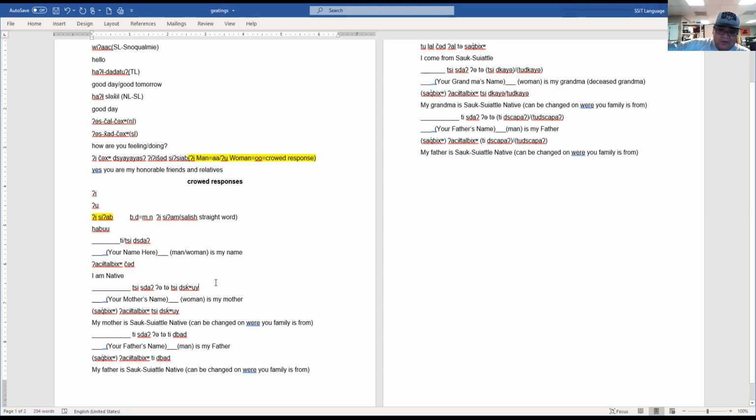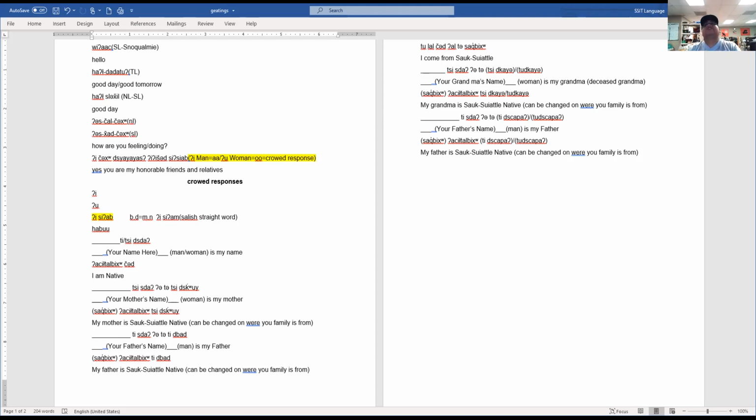Not anybody else's mom, my mom, right? So these would actually be connected and it would break off here, but because this is actually one word, it gets broken off there. I don't know, it's interesting. So this is my mother's name.